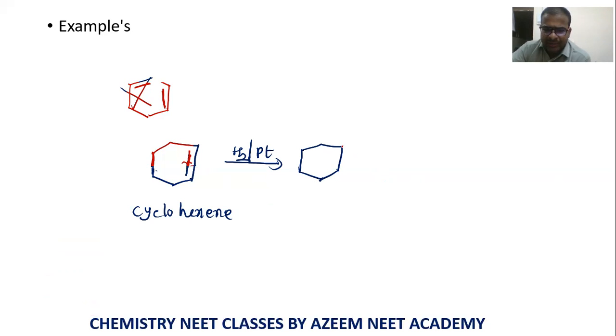Here, attack of both the hydrogens will occur from the same side. I'm representing this way: one shows above the plane, and the other one is below the plane, one hydrogen below the plane, and one above the plane.